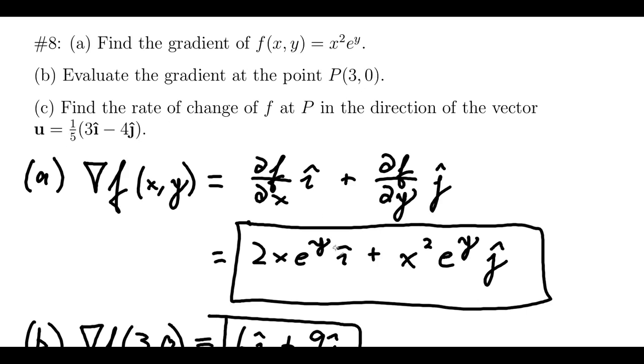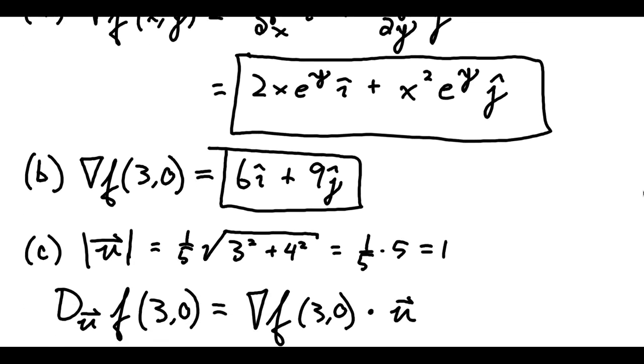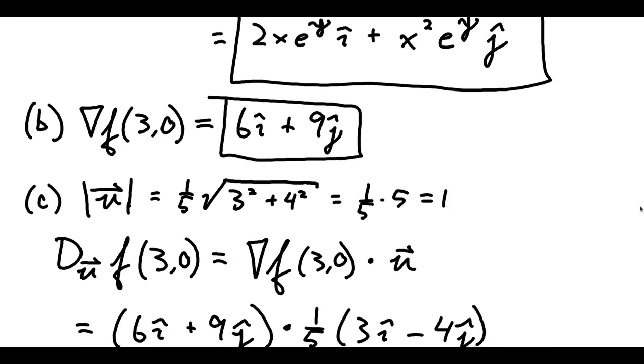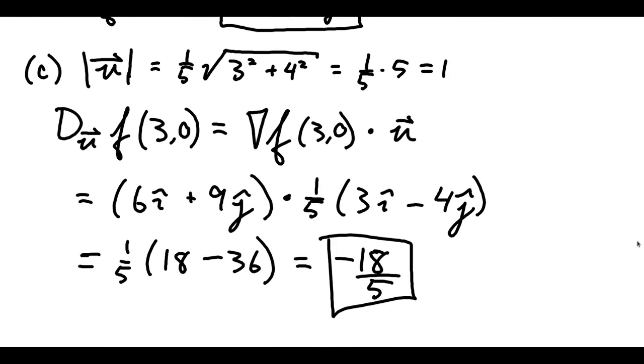And we would have had to do all of these same things, right? Again, the easiest way usually to think of the directional derivative is gradient of f dotted with u. So we would have to find the gradient of f, evaluate it at the point in question, confirm that u is a unit vector, and then evaluate the dot product. They just broke it down into steps to kind of help guide you through this. But that's basically all there is to this problem.